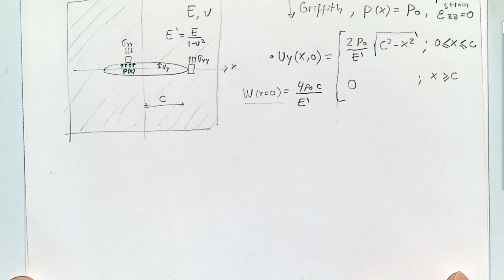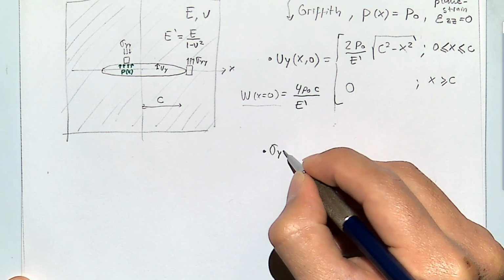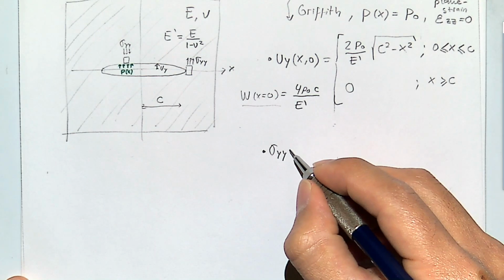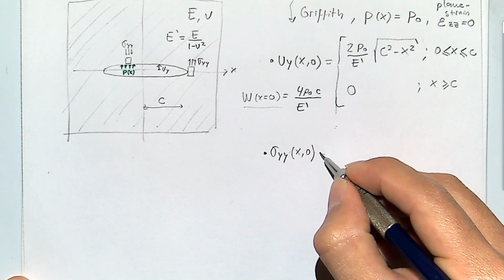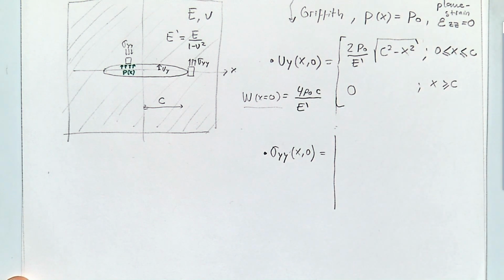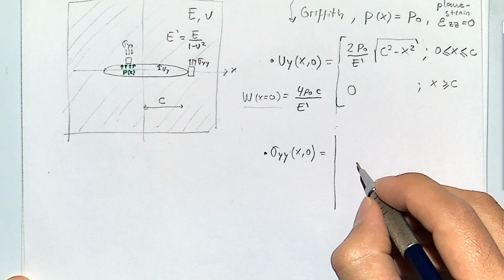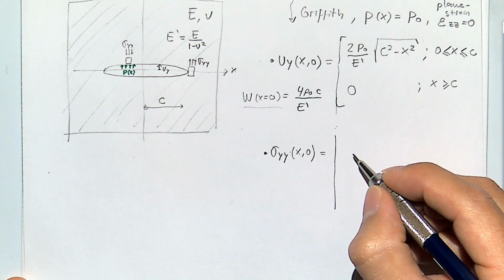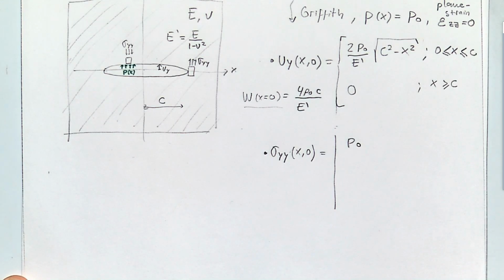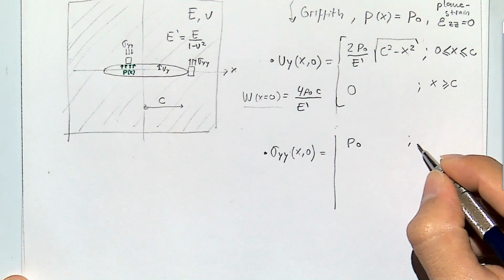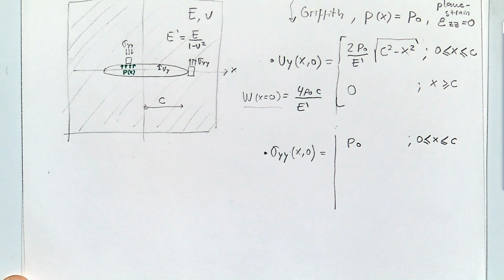And if you solve for this, and this is what Griffith did, he looked for the stress in direction y at y equal to 0, and he found that the obvious solution is that inside the fracture, this is just going to be equal to the pressure, and it's going to be positive for x equal to 0 and less than the fracture length.